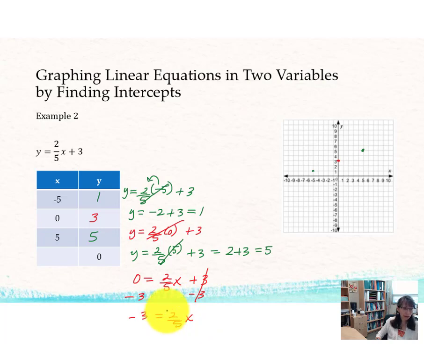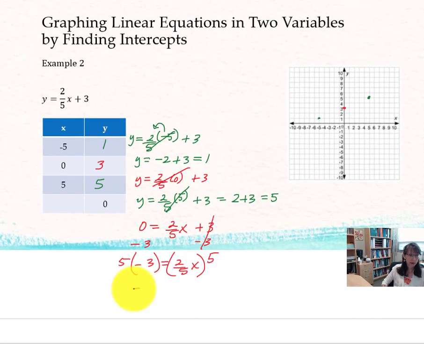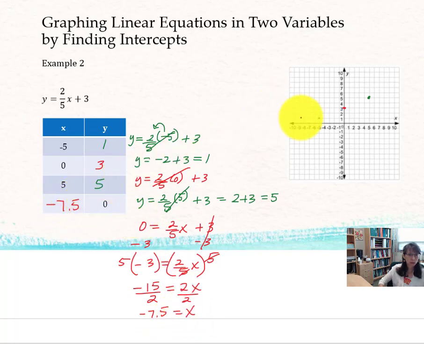To eliminate the fraction, I could multiply both sides of the equation by our denominator of 5. Negative 15 is equal to 2x, because these 5's are reduced. Dividing by 2, it looks like negative 7.5 is equal to x. So I'll plot (-7.5, 0). That would be between negative 7 and negative 8.